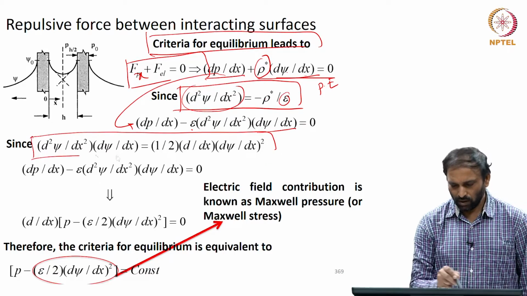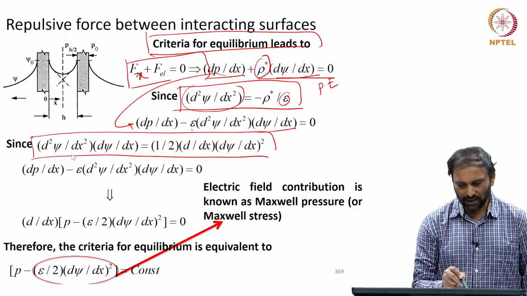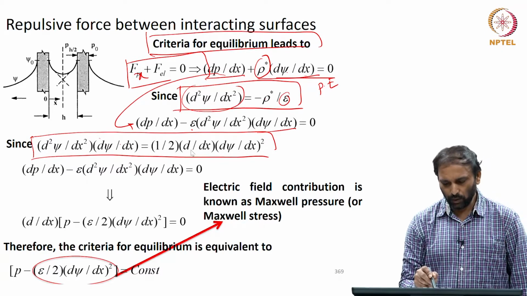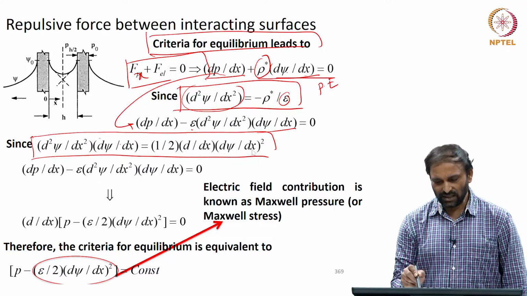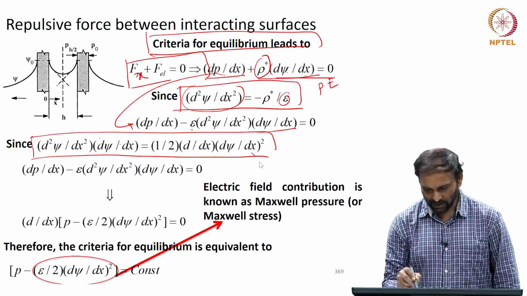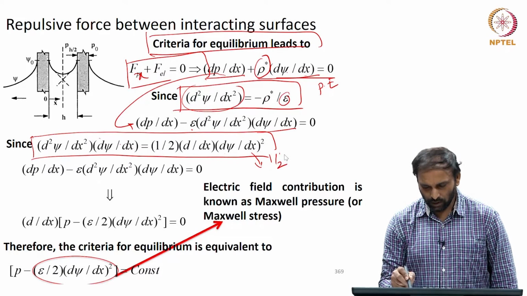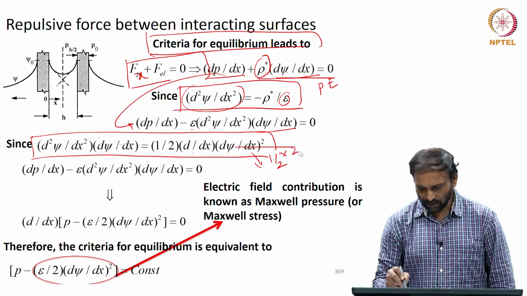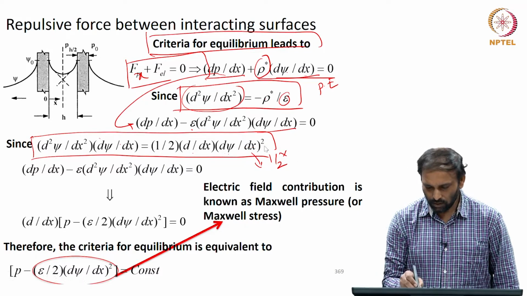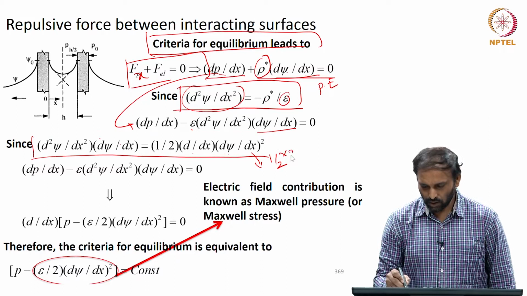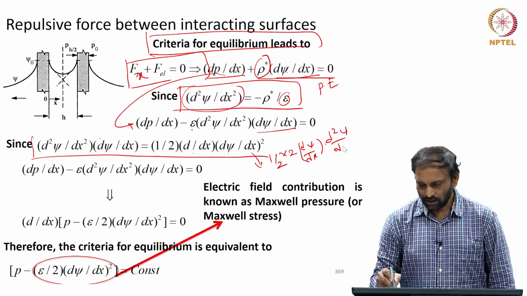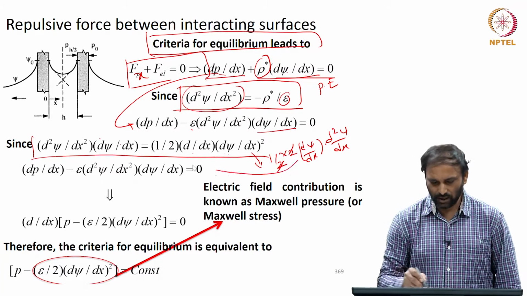Since we know that d square psi by dx square times d psi by dx is equal to 1 by 2 d by dx of d psi by dx whole square. So, if I simplify this, what I get is 1 over 2 times d by dx of d psi by dx whole square is 2 times d psi by dx times d square psi by dx square, right.